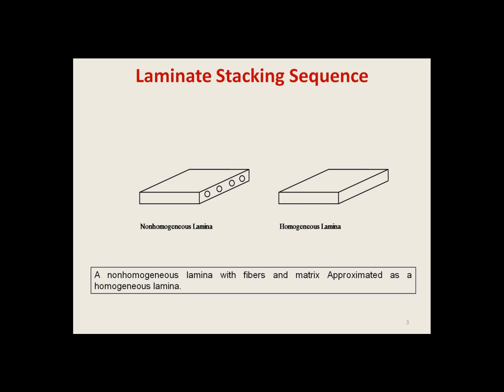It means a lamina will be considered a homogeneous lamina only when its properties are different in different directions, but they do not differ location wise, from one location to another location.